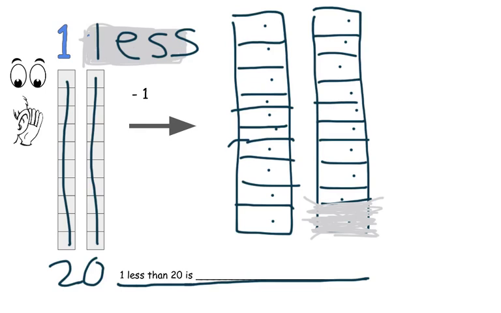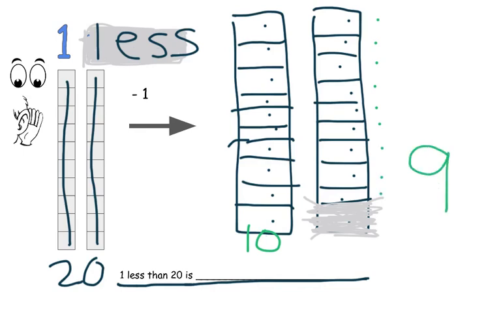So now I have to count how many are left. So this is still a 10 here. Let me use a different color. Oh, sorry. This is still 10, and we have 1, 2, 3, 4, 5, 6, 7, 8, 9. 9.